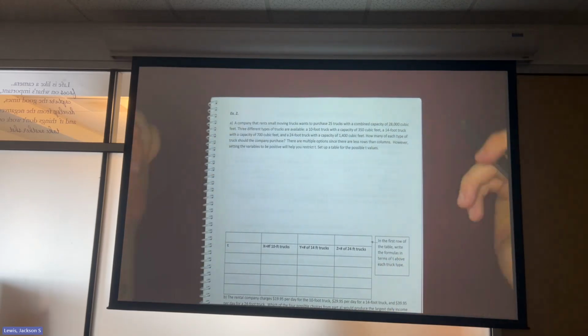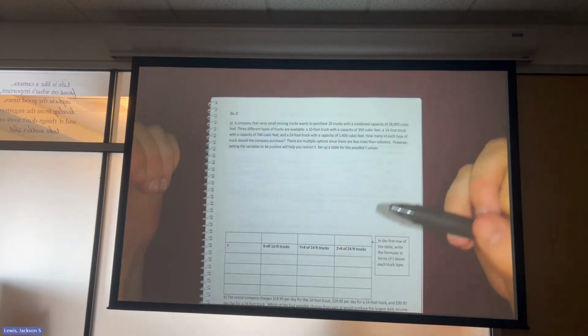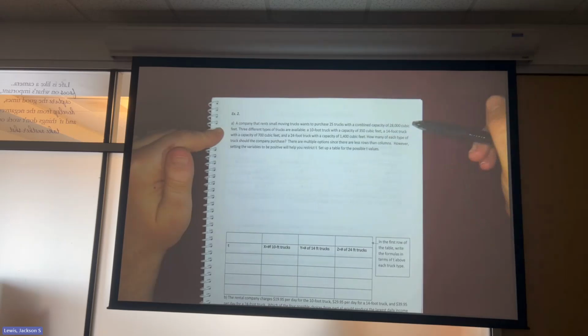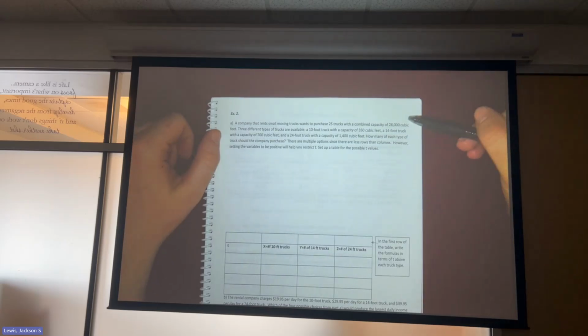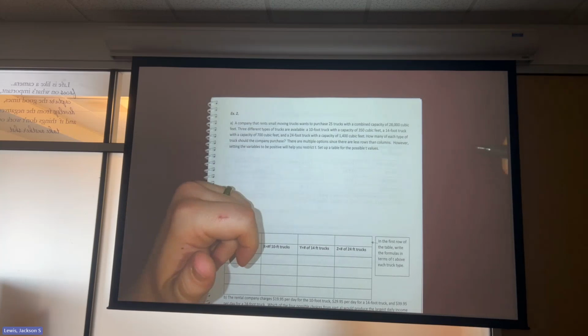So it says a company rents trucks. They want to purchase 25 trucks total that have 28,000 cubic feet of storage. There's 3 different types of trucks.